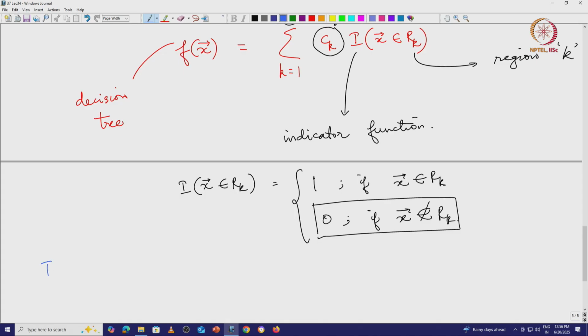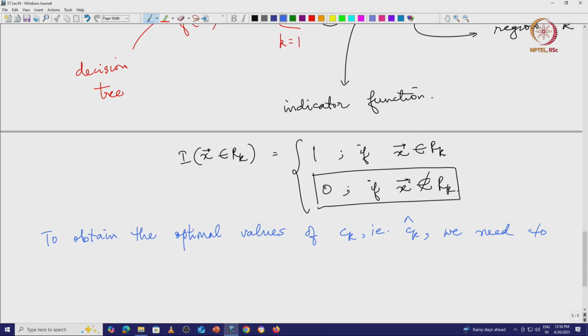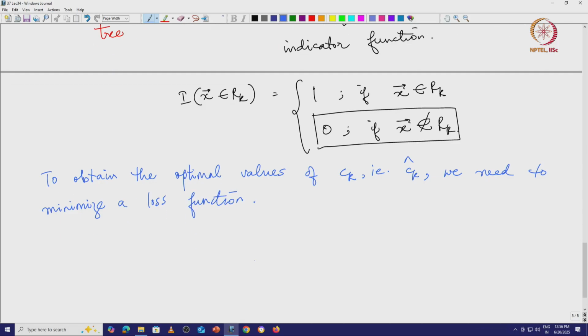So to obtain the optimal values of Ck, and let us denote these as Ck hat, we need to minimize a loss function, and typically, as always, we work with the sum of squared errors.